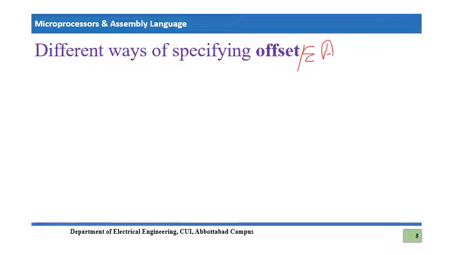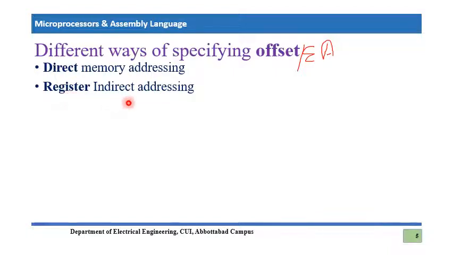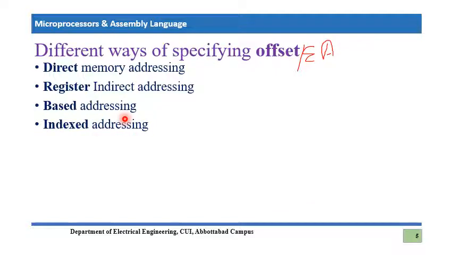Based upon these, memory operand addressing mode is classified into these categories: direct memory addressing mode, register indirect addressing mode, based addressing mode, indexed addressing mode, or based indexed addressing mode.